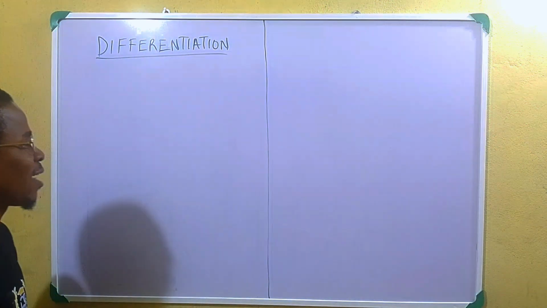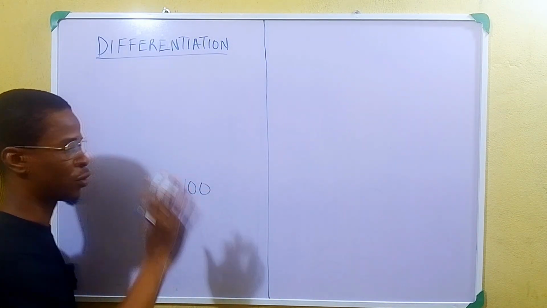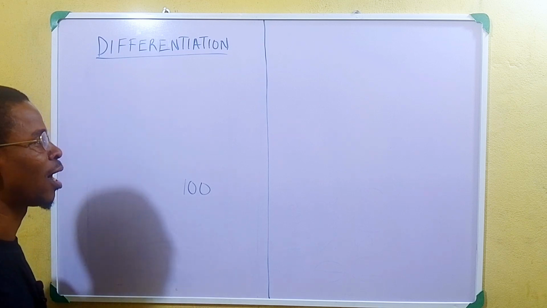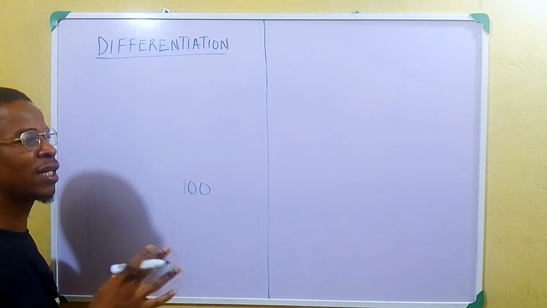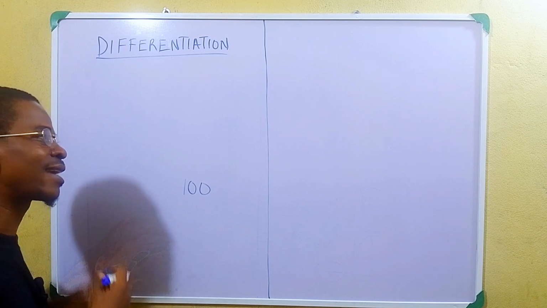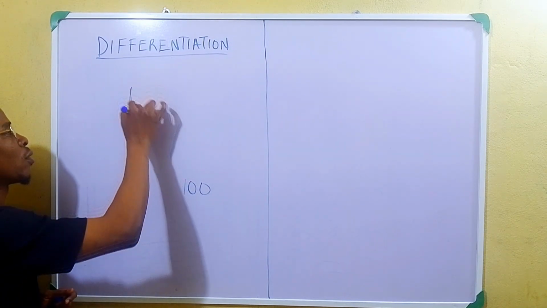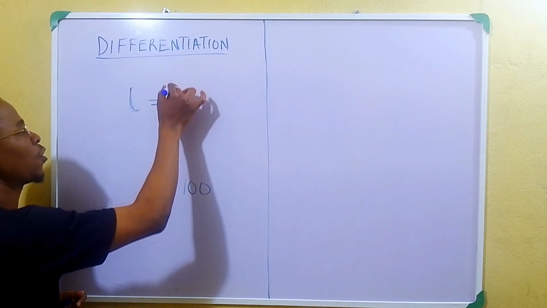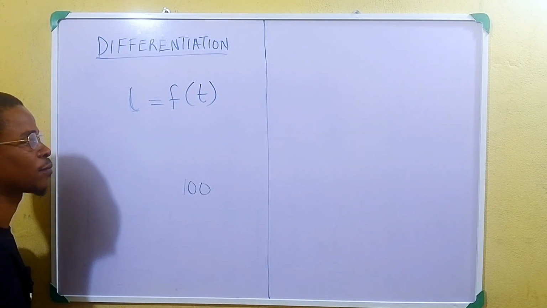For example, let's assume we have 100 books on a table, and we want to know how many books will be left if a certain number of books is taken. So we know that the number of books left will be a function of the number of books taken.